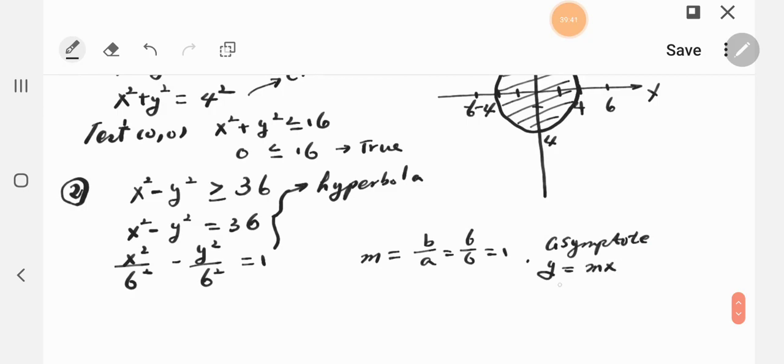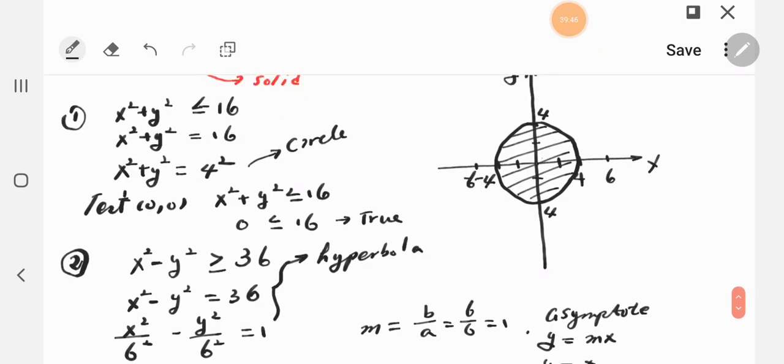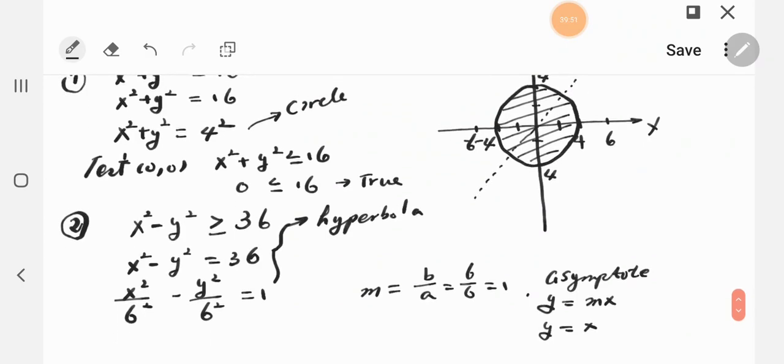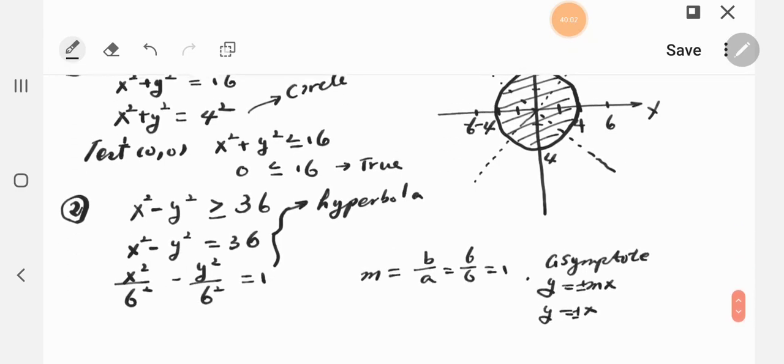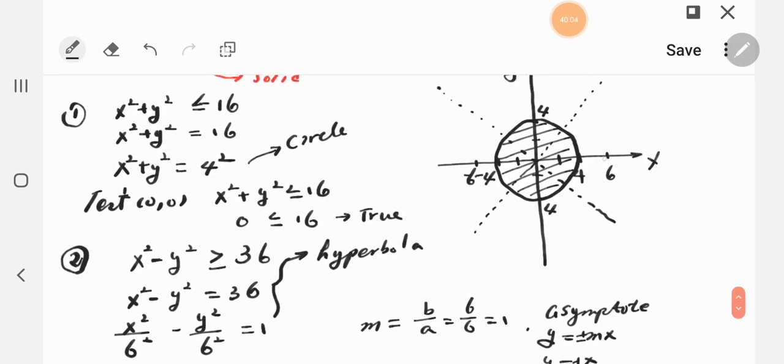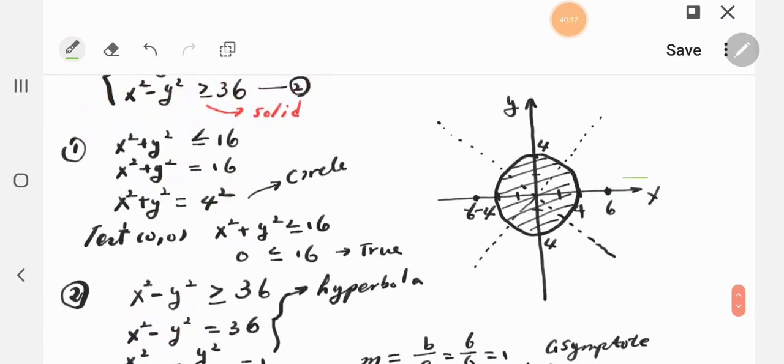The y-intercept is 0, so y should be equal to x. So that's the asymptote, plus minus actually. And the vertex is 6. We know the vertex is 6. Okay, let's use a different color. So the graph will be something like this.